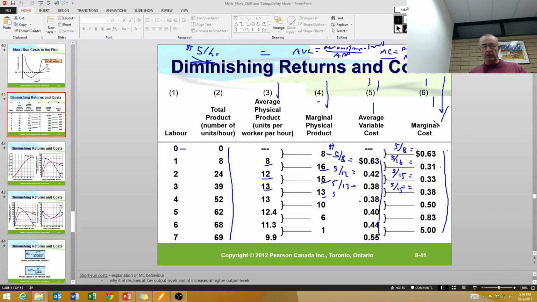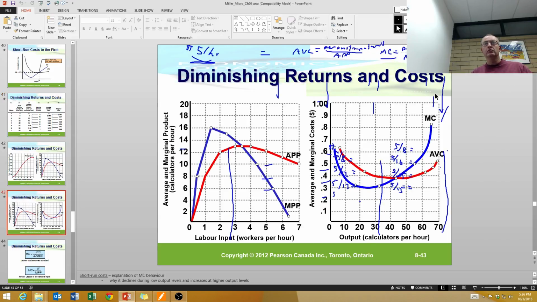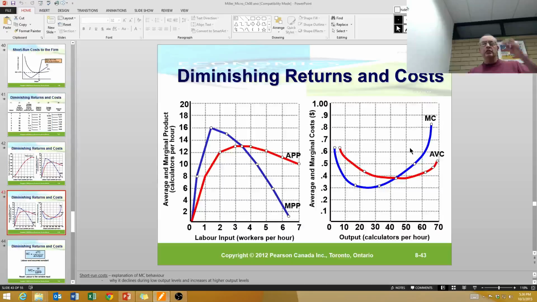So then when we calculate this table of data and we plot it, anyways, we see that the marginal cost curve and the average variable cost curve are U-shaped.